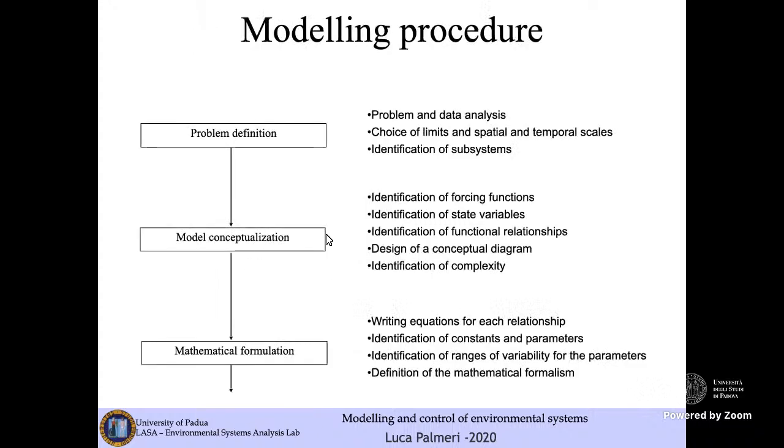Problem definition, problem and data analysis. So what is the problem and what kind of knowledge about the system? At this point, you choose the limits and the spatial and temporal scales. So it is at this point that you define what are the boundaries of your system and what are the probably most appropriate scales in terms of temporal and spatial scales.